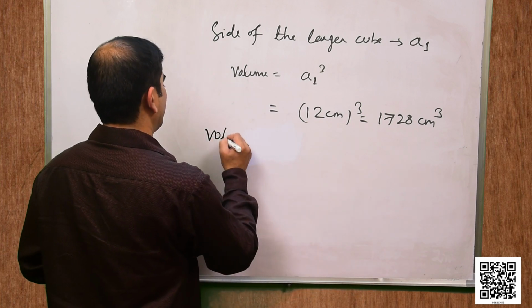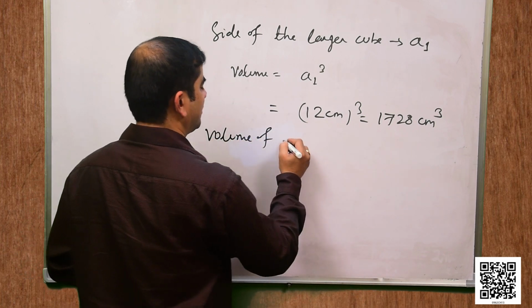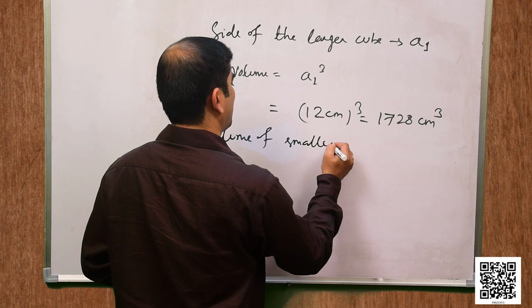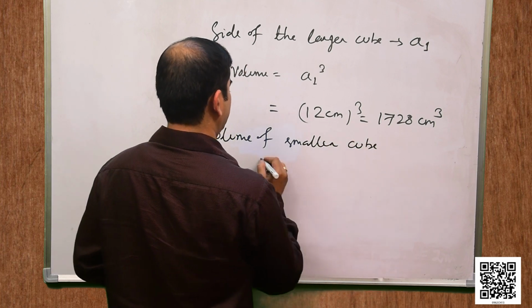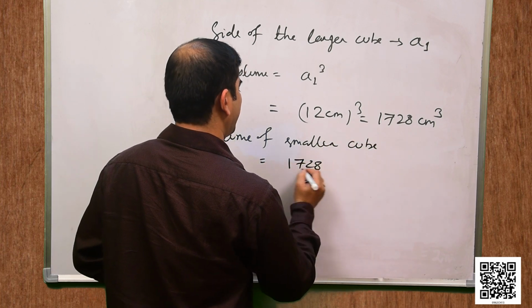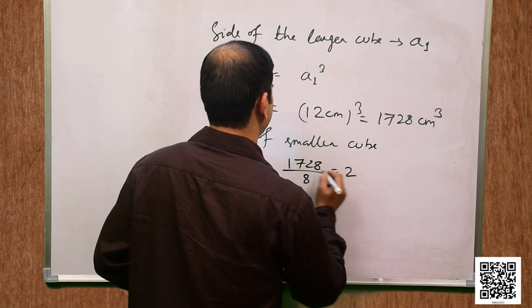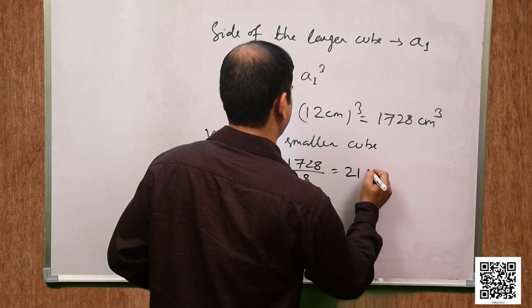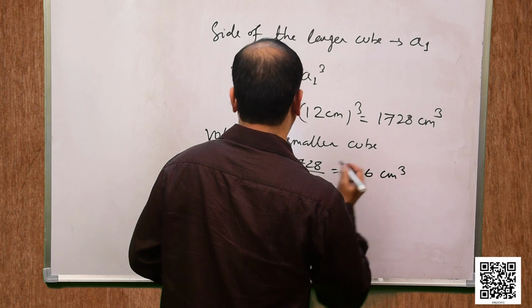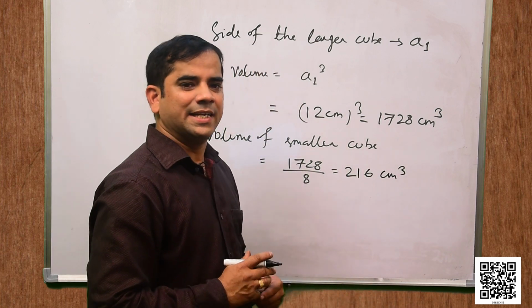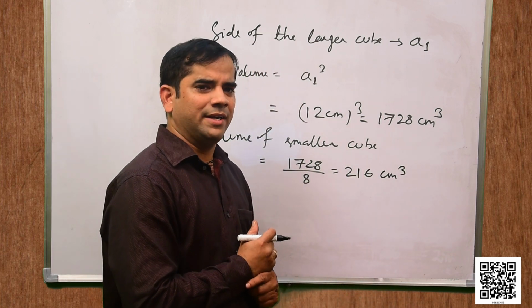So, volume of the smaller cube is equal to 1728 divided by 8. So, it is 216 centimeter cube. Fine.